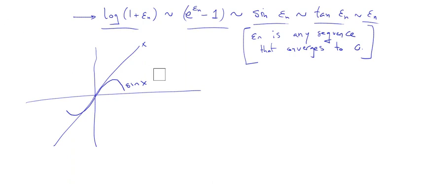So this is for the sine. The tangent is also very similar, because the tangent, if you remember, goes something like this, and then does something like this, and does something like this. Okay, so this is the tangent. Also, when x is very small, both things behave very similarly to each other. Let's see. We have the exponential, which does something like this, right? Okay, this is e to the x.